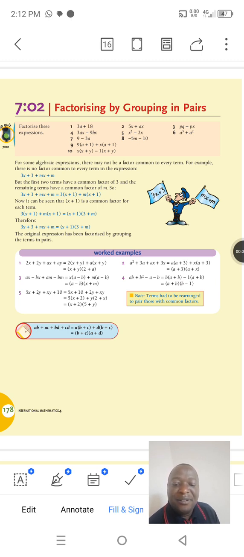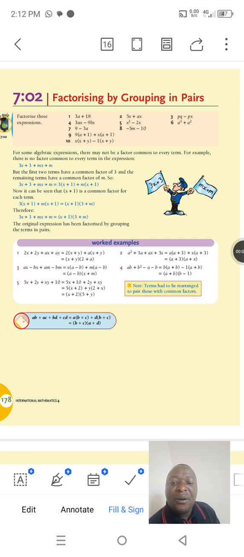Now let us look at the worked examples. Factorize 2x plus 2y plus ax plus ay. Now, if we pair the first two terms, that is 2x plus 2y, and we also pair ax plus ay, we notice that the first pair has a common factor of 2 and the second pair has a common factor of a.